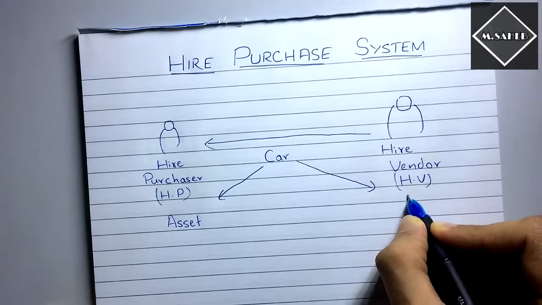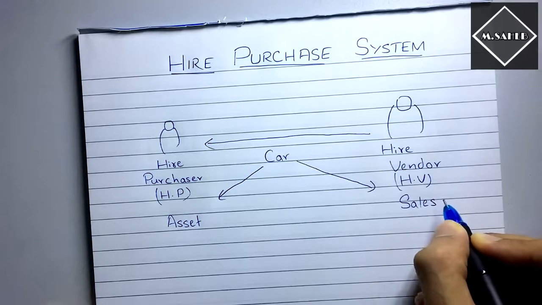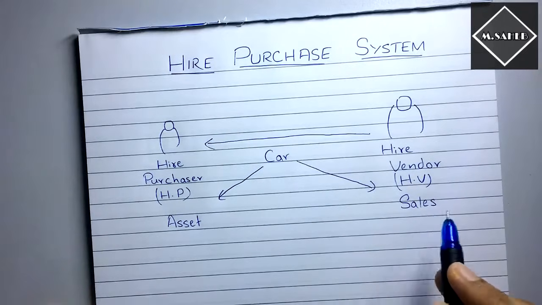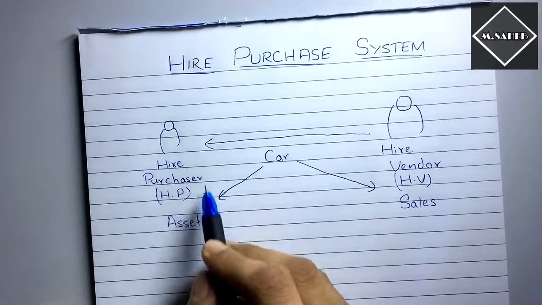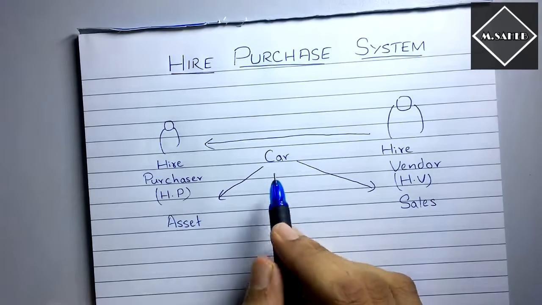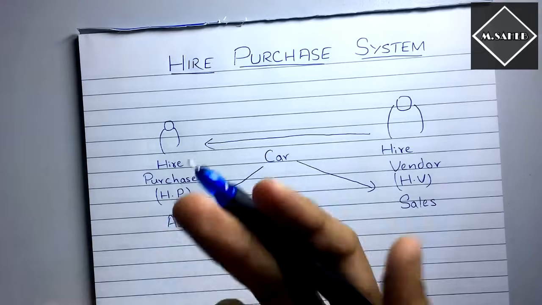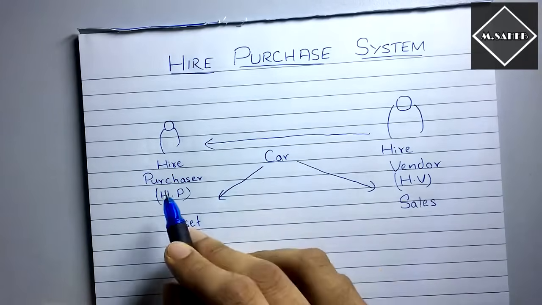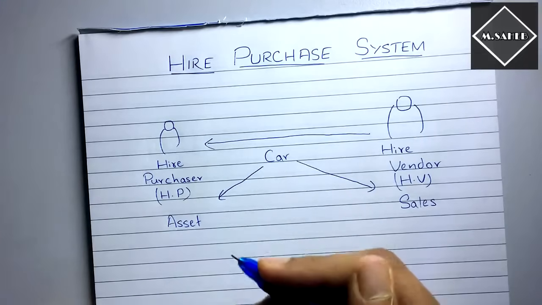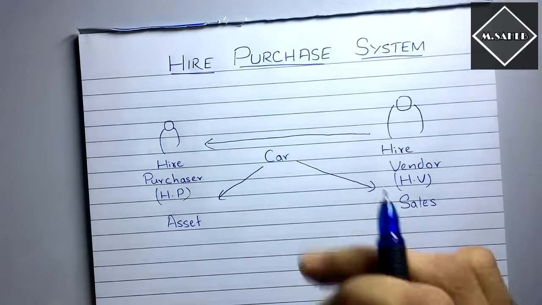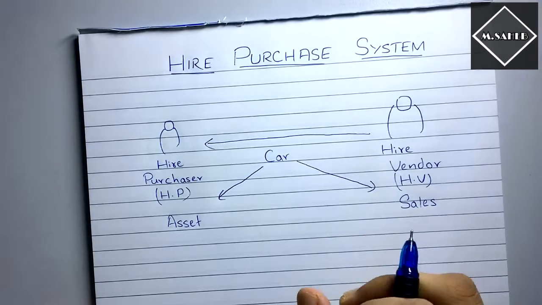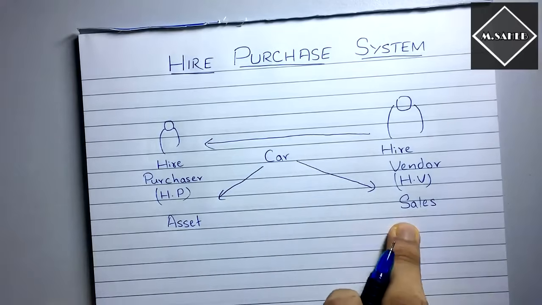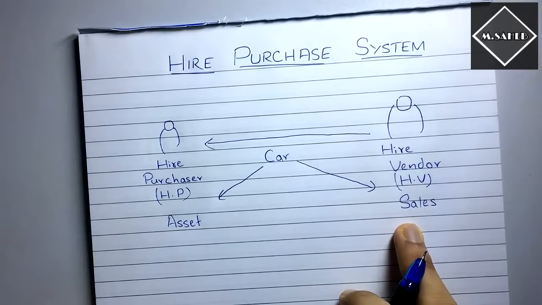So he will consider it as sales, because he's selling the item, not using it. But for the hire purchaser, this car is an asset. Either he is a businessman or he's using it personally, it doesn't matter, that car is an asset for him. So that car would be an asset for the hire purchaser and sales for the other person, right?